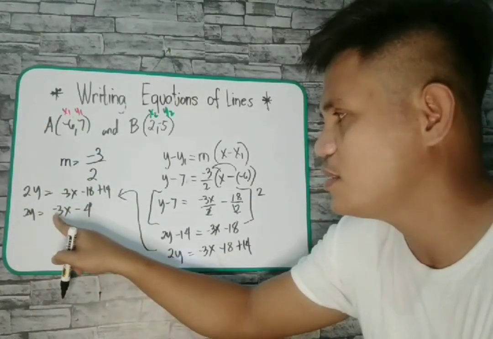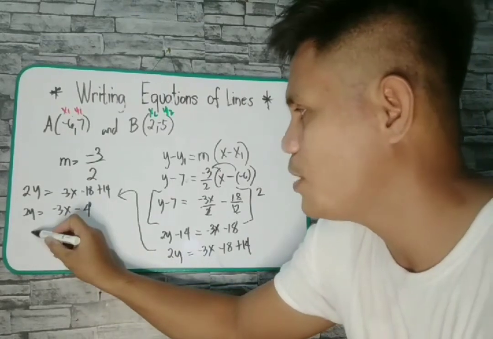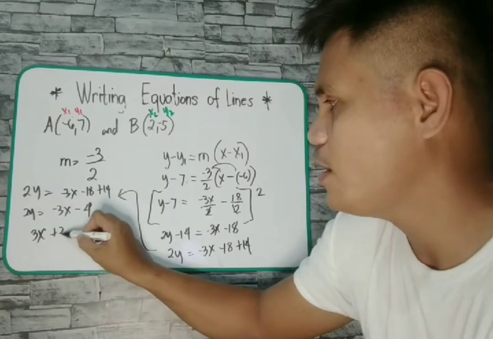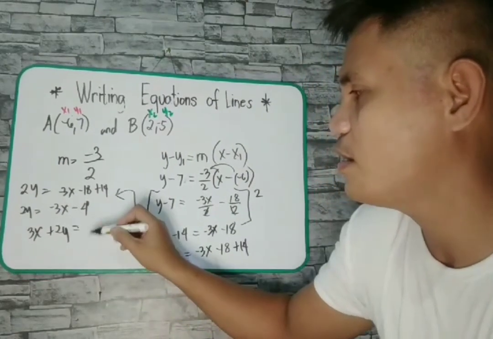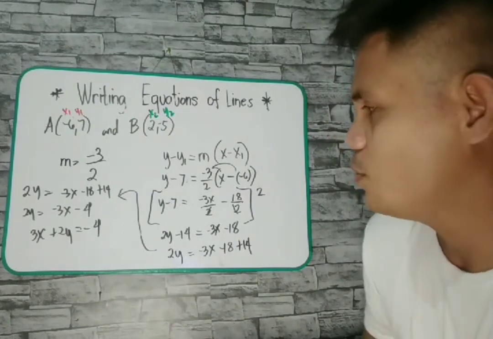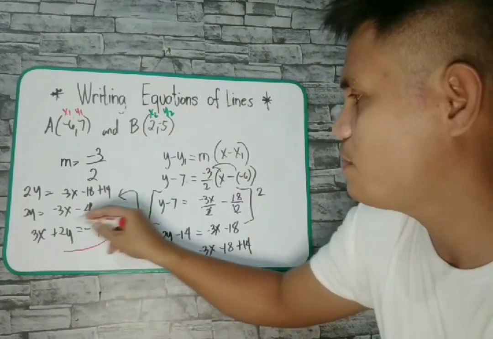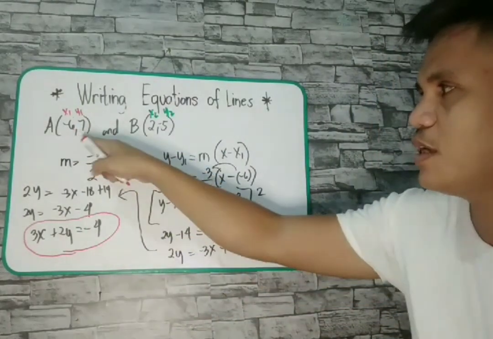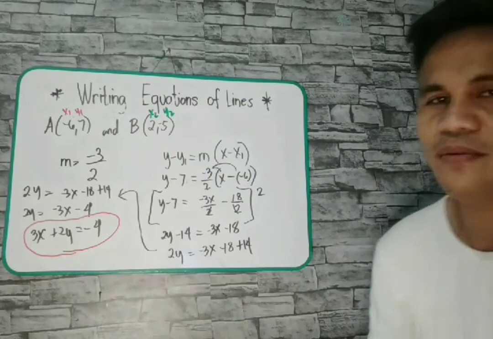Since this is negative 3x, that will become positive 3x added to 2y equals negative 4. As you can see, we already have the standard equation for these 2 points, point A negative 6, 7, and point B 2, negative 5.